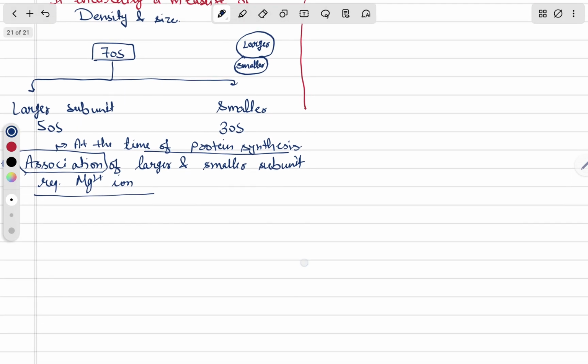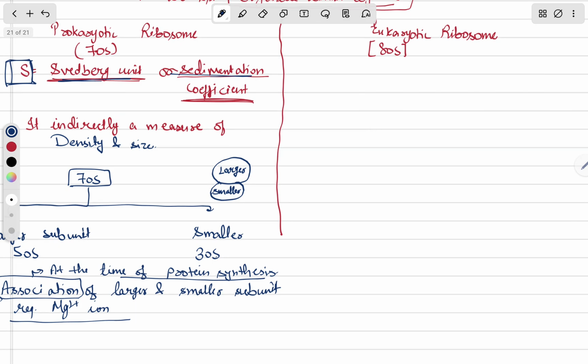So, the eukaryotic ribosome, which is 80S, has the larger subunit as 60S and the smaller subunit as 40S.